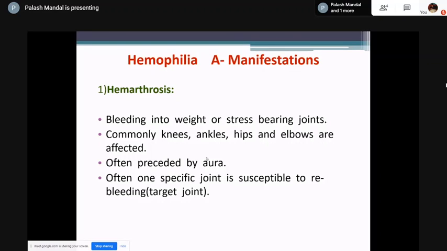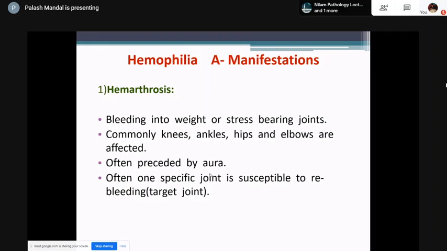Muco means mucous membrane. Mucocutaneous bleeds are important. Often the patient feels that they may have a bleed. So that is called aura. There is a feeling that something bad is going to happen.